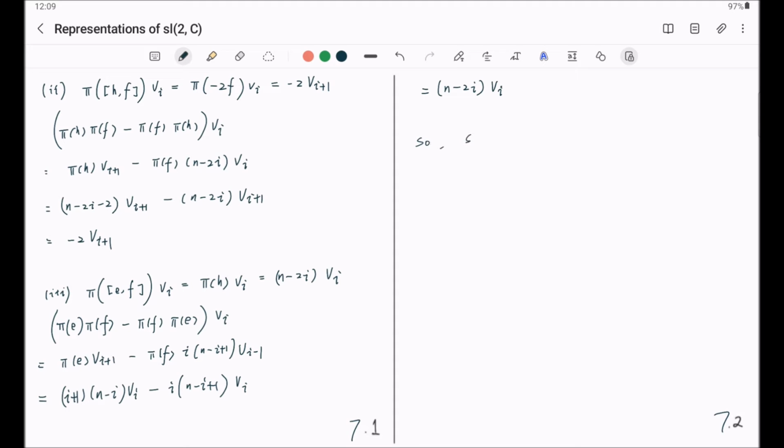So since little sl2C is spanned by h, e, and f, by the linearity, pi preserves the Lie bracket on sl2C.